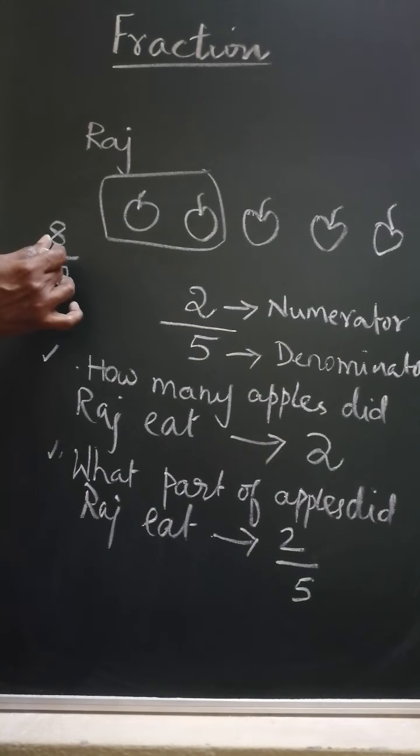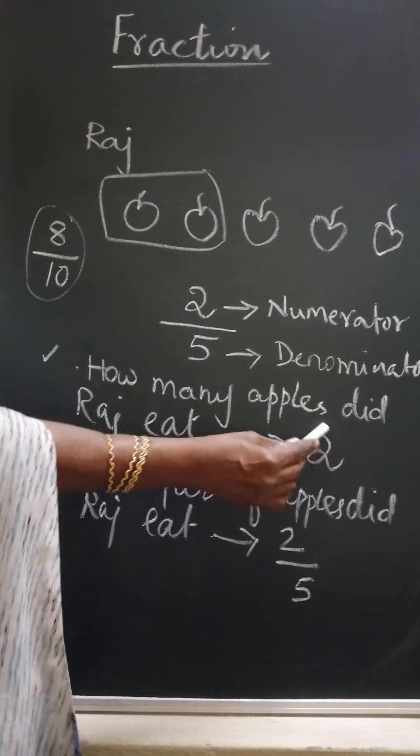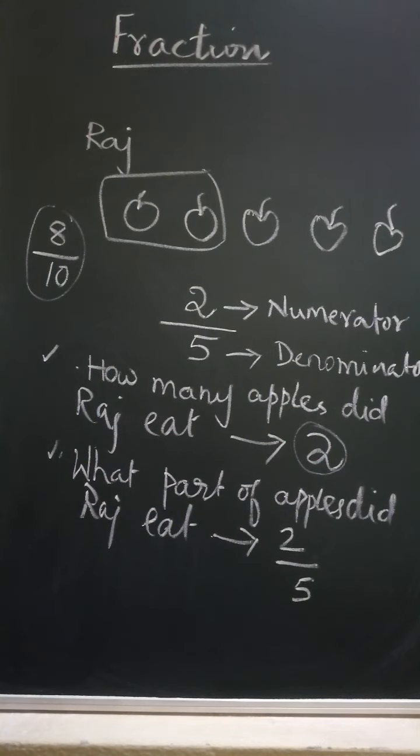Here, what part of the marks he got means out of 10 he got 8 marks. This is called a fraction, and this is the first thing you all should understand about fractions.